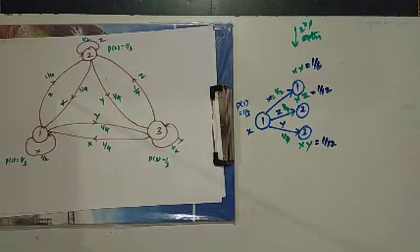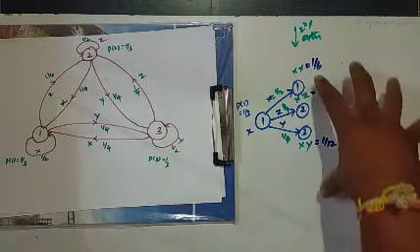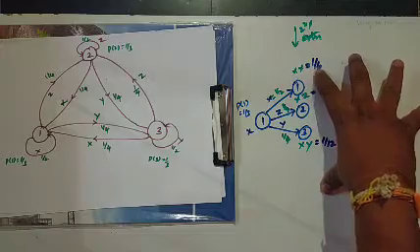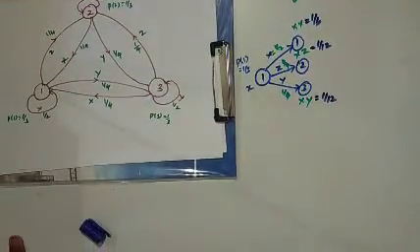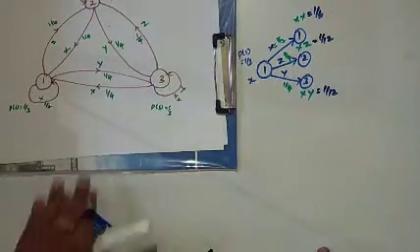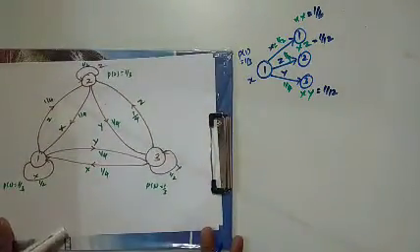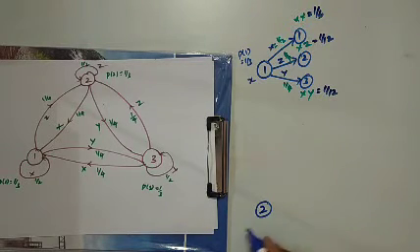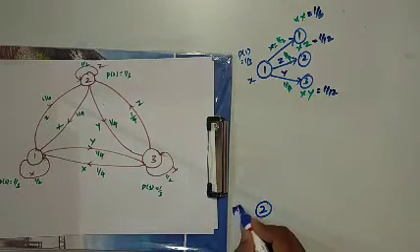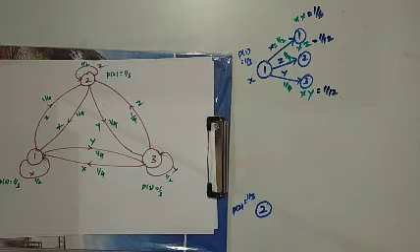Similarly, I need this space for solving the second extension. So I come down and write here that 2 is the starting point, and the probability of 2 is also 1 by 3.